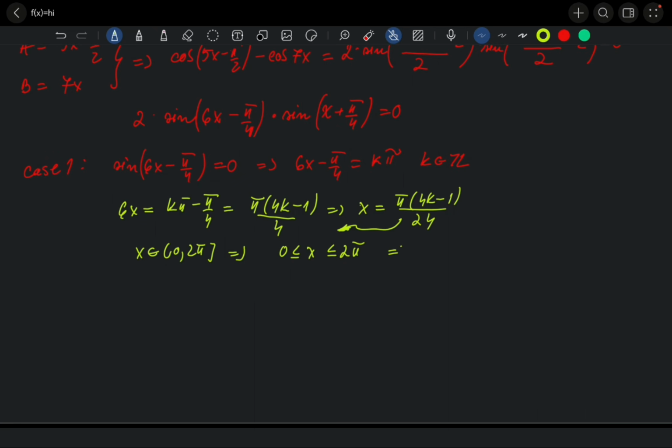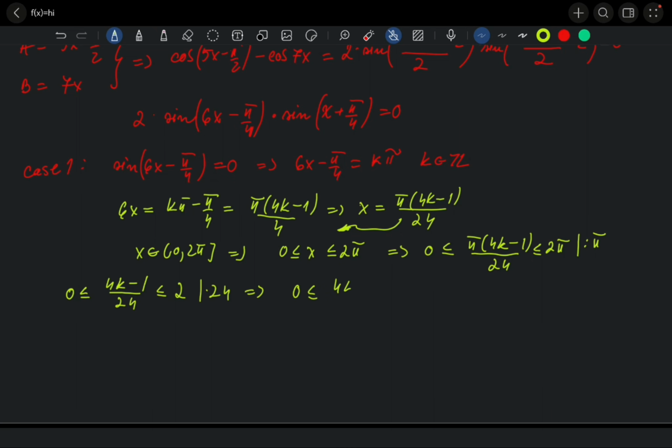So we get that 0 is less than or equal to pi times (4k minus 1) divided by 24, which is less than or equal to 2 pi. We divide both sides by pi, and we get 0 is less than or equal to (4k minus 1) divided by 24, which is less than or equal to 2. We multiply by 24, and we'll get 0 is less than or equal to 4k minus 1, which is less than or equal to 2 times 24, which is equal to 48.